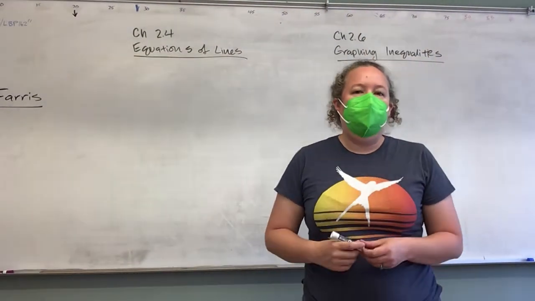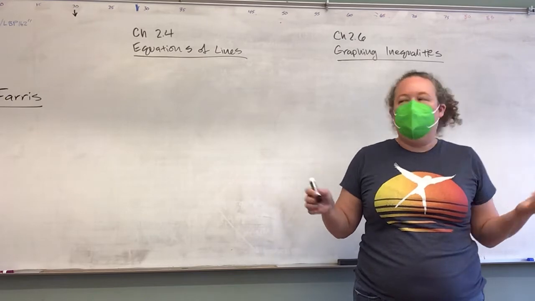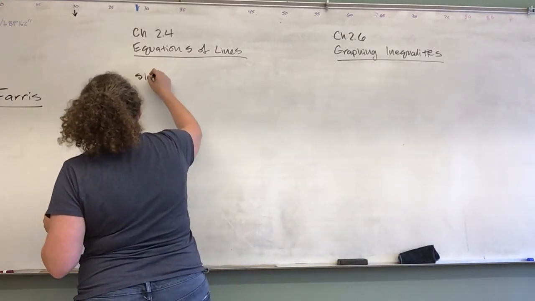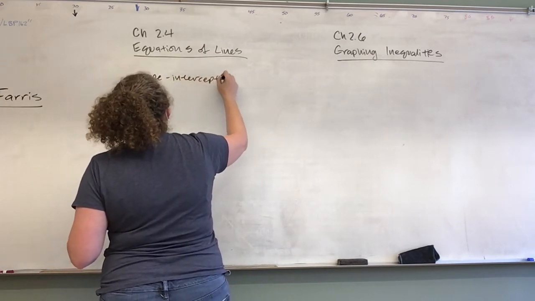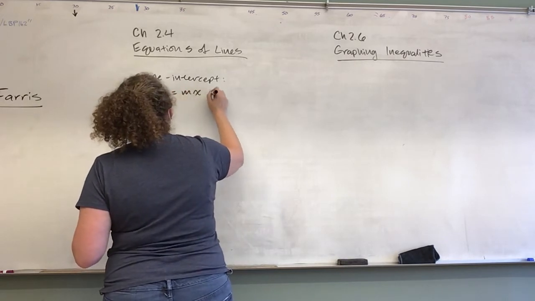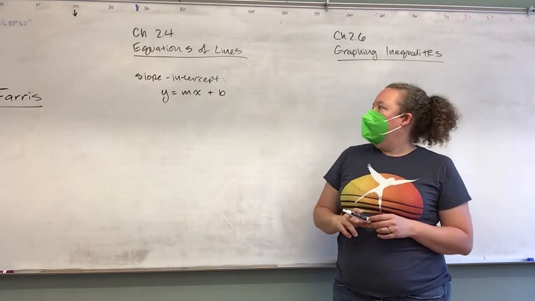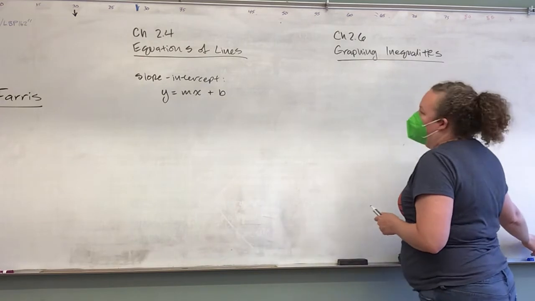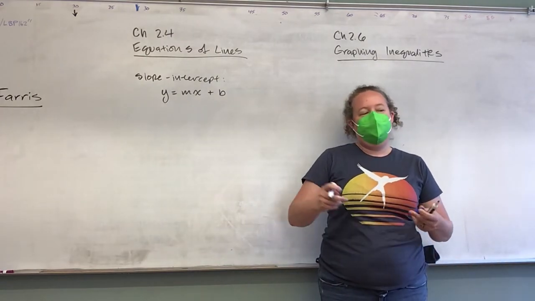But let's go ahead and talk about different forms of the equation for a line. So yesterday we talked about slope-intercept form, which is y equals mx plus b. And it's slope-intercept because which part of the equation is the slope?